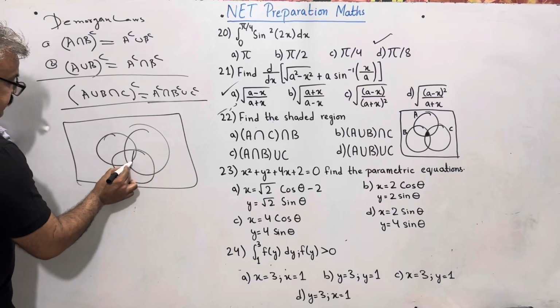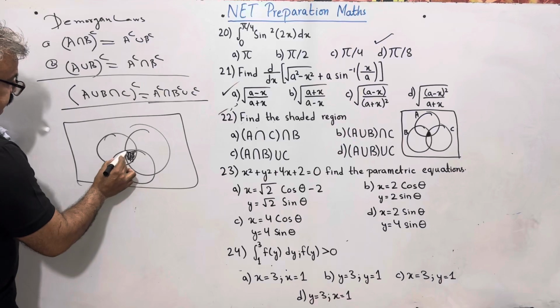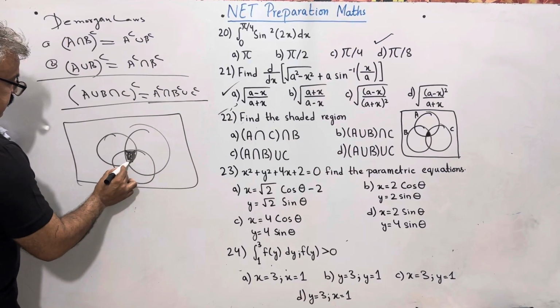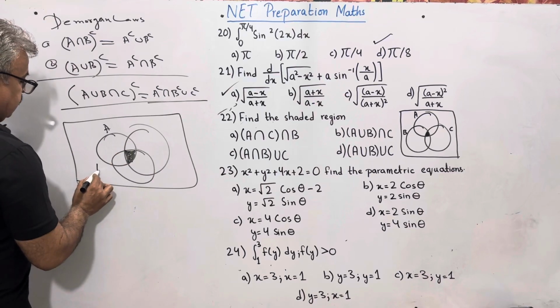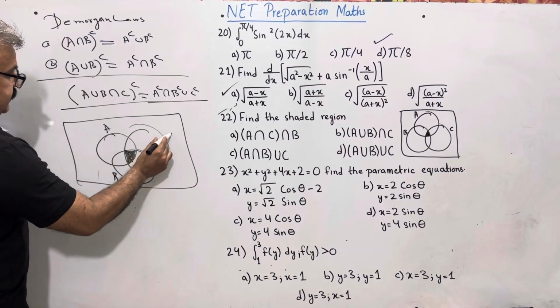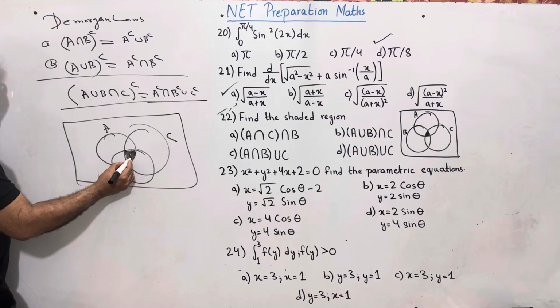They have shaded this very common portion. That is the portion that belongs to A as well as B as well as C. This is the overlapping portion of all these three sets.